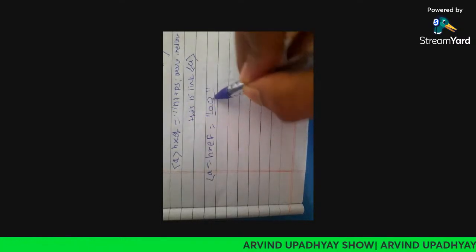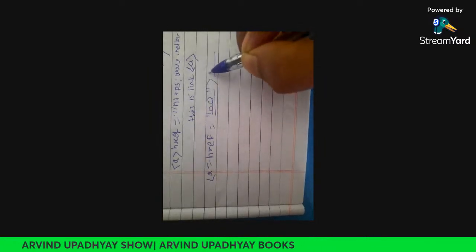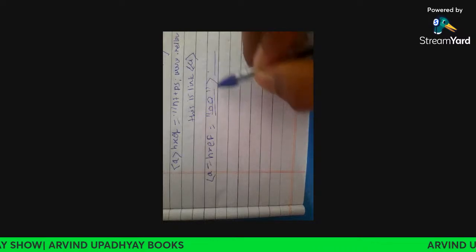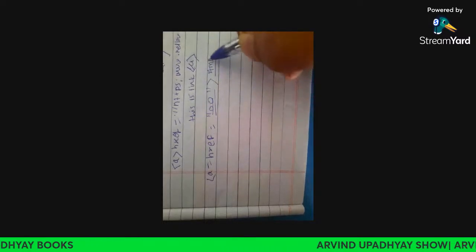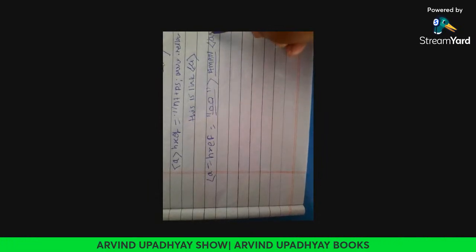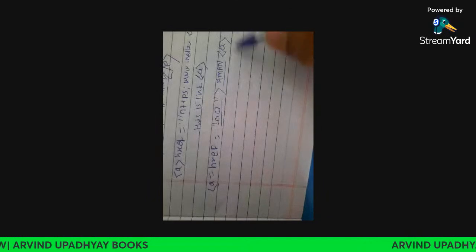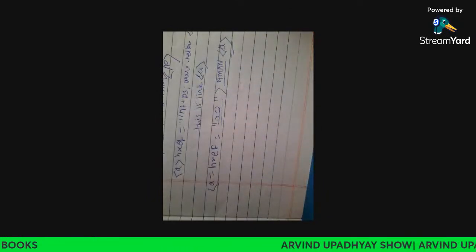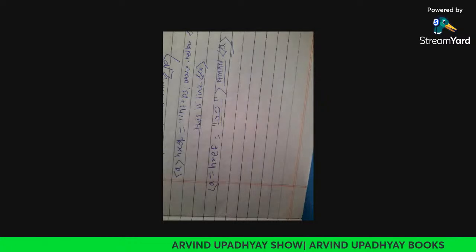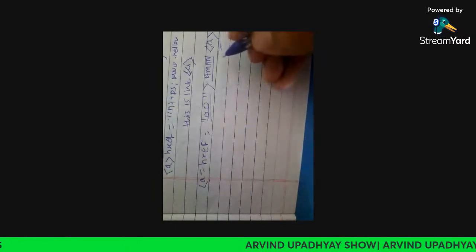Then close the bracket and write the link text. For example, if you are adding the website with your name, Aman, you can write this, and then close it with this a tag. What we started with the a tag, we need to end with the a tag. This is all you need to learn. And this link is the destination specified in the href attribute, and attributes are used to provide additional information about the HTML element.